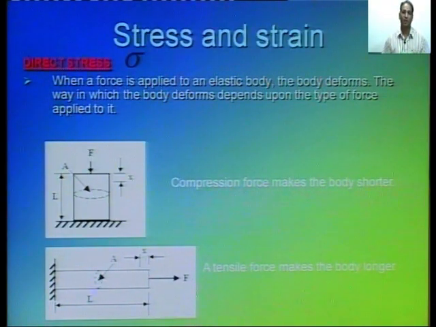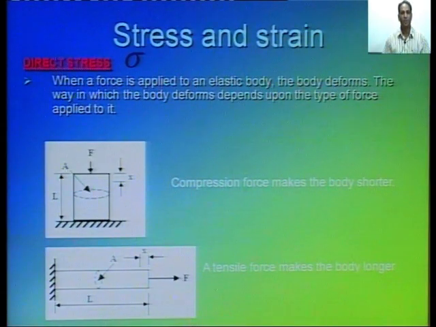F is the force acting on the body, a pull force, meaning tensile force. x is the increase in length due to the force. A is the cross-sectional area of the body and L is the original length. If the body extends in length, it means a tensile force is acting on the body.